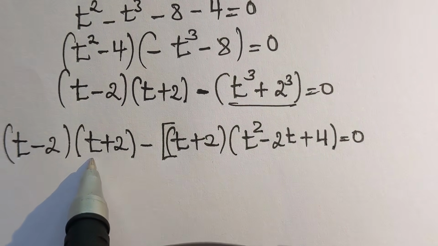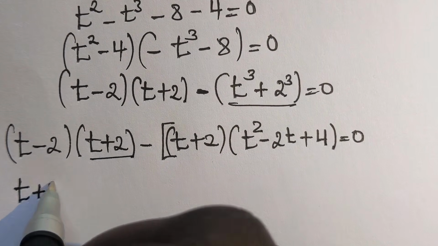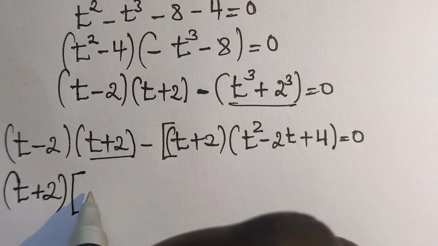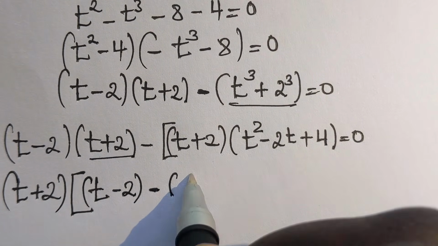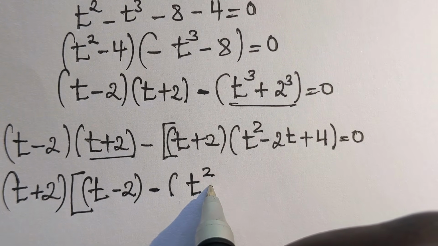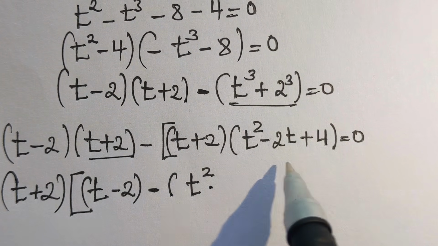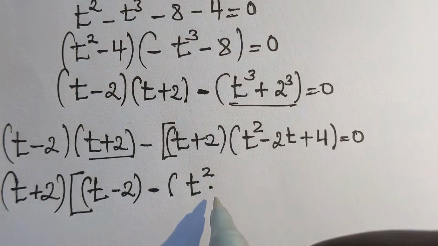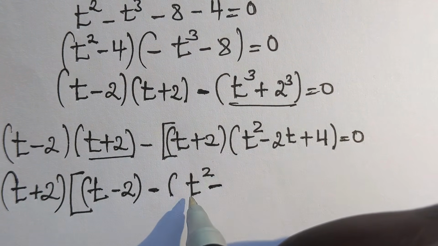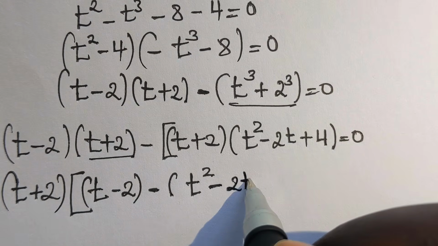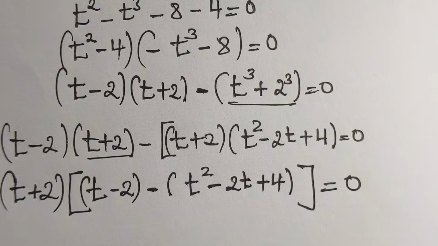Then because we have T plus 2, which is common, we can factorize it out to get T plus 2 open bracket of T minus 2 minus T squared, minus what we have right here, 2T plus 4, then close, equals 0.